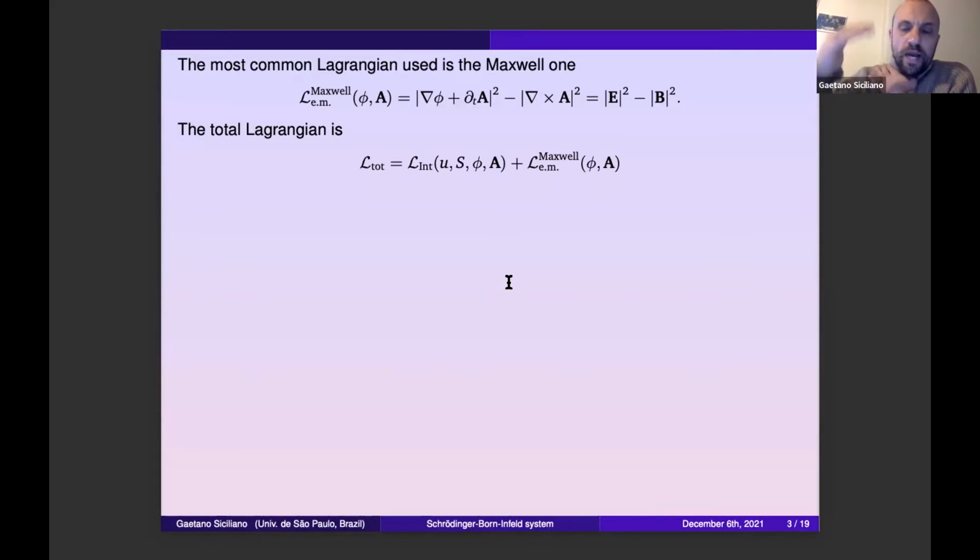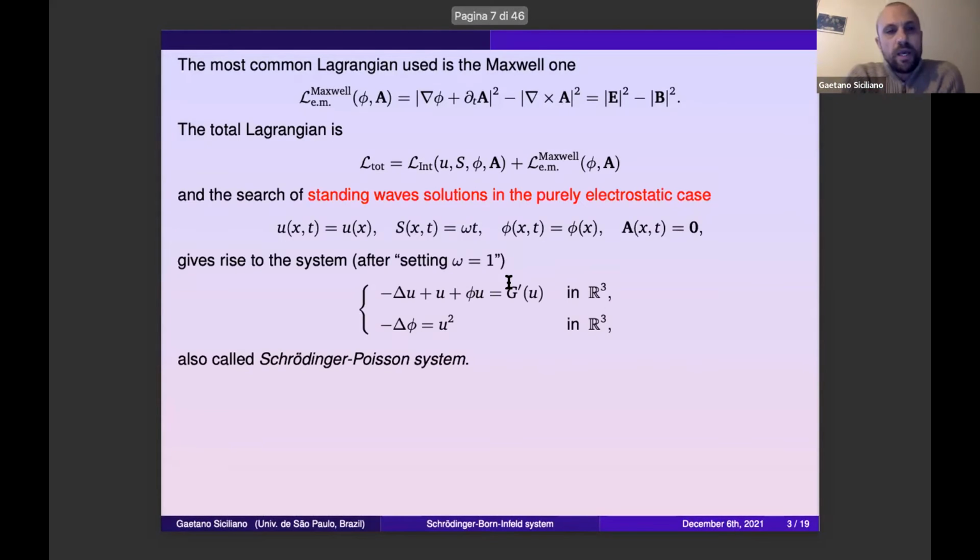And when you write the Euler-Lagrange equation of this total Lagrangian, and you are in a very specific situation, I mean, u depends just on x, s, which is the phase, is just omega t, so a very specific dependence of the wave function on x and t.